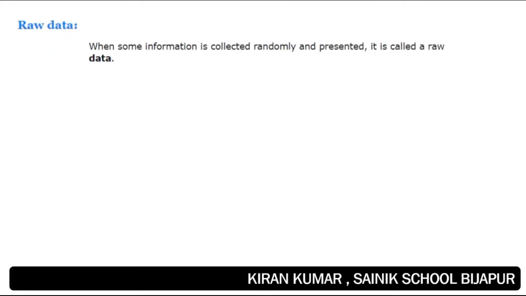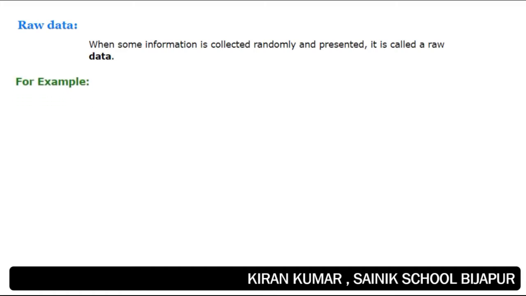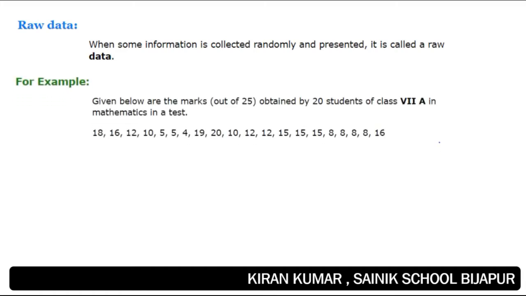When we collect the data, we just collect it randomly, and that data is called raw data. When some information is collected randomly and presented, it is called raw data. For example, here are the marks obtained out of 25 by 20 students of class 7th A in a maths test.